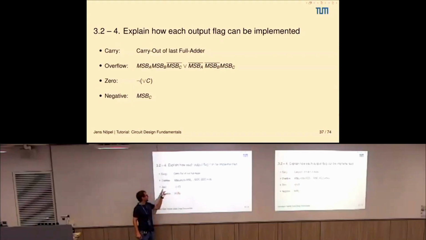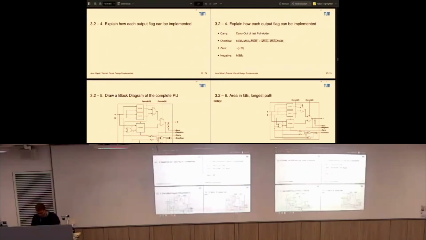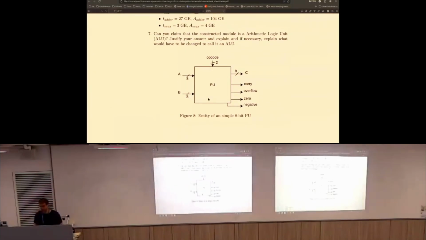But since we want to have 0, we just negate it, and we get the 0 flag. And for the negative, once more, it's just like the MSB of the result telling us whether the result is negative or positive.